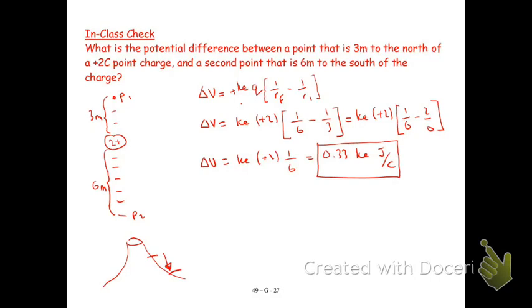Oh, sorry, excuse me, minus 2 over 6. 1 over 6 minus 2 over 6 is minus 1 over 6, which is minus. So I got the right sign. Okay? Cool.